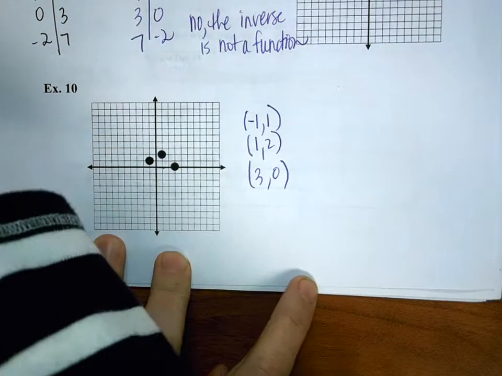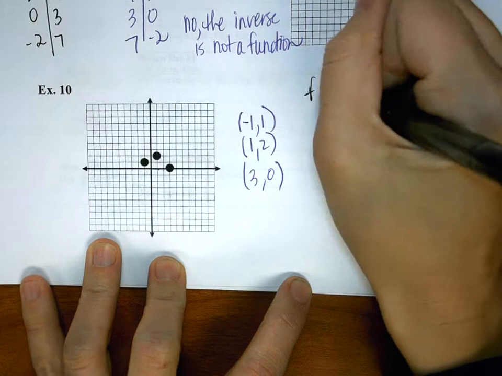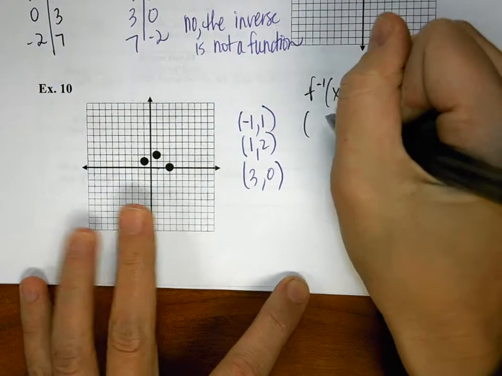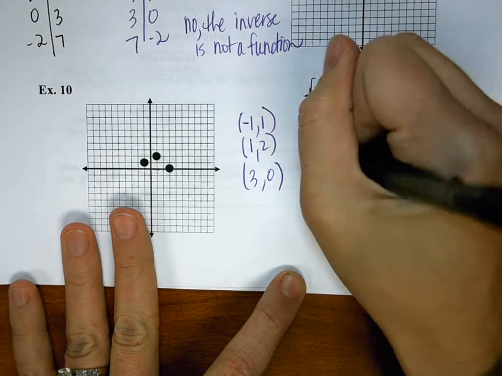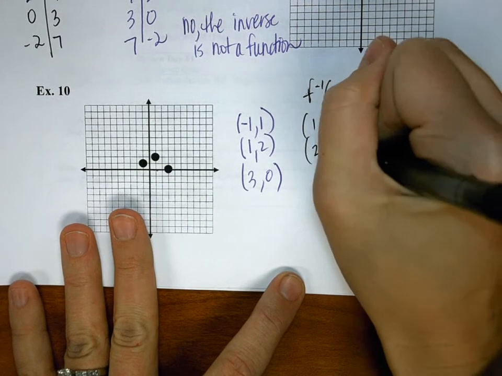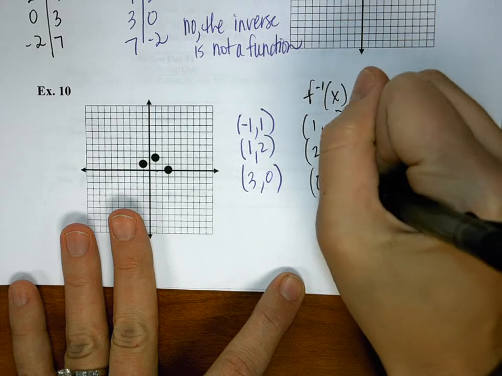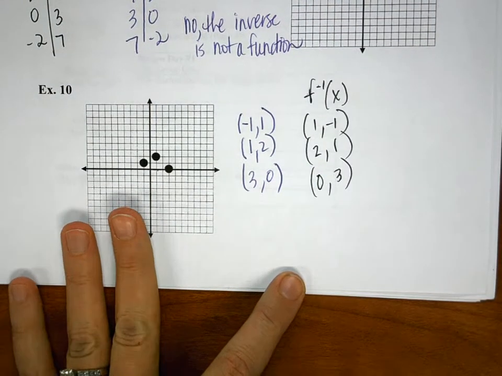Okay, so now let's write our inverse points. So f to the negative 1 of x, my inverse points are going to be 1, negative 1, 2, 1, 0, 3.